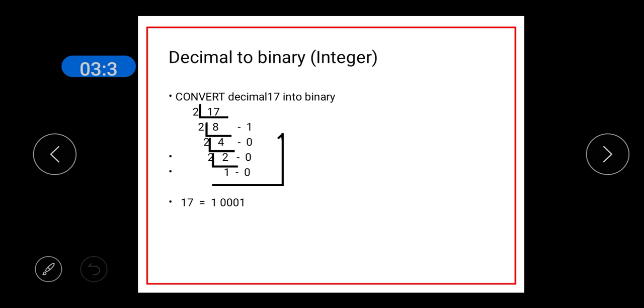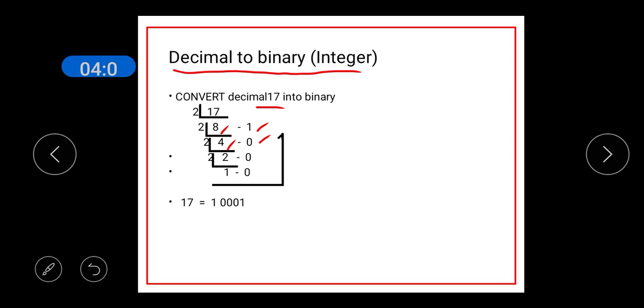First, consider the decimal to binary of an integer. In order to do this, consider the example of decimal number 17, which has to be converted into a binary number. For this, we use double table method. We divide 17 by 2, the quotient is 8 and the remainder is 1. Again divide 8 by 2, the quotient is 4, the remainder is 0.